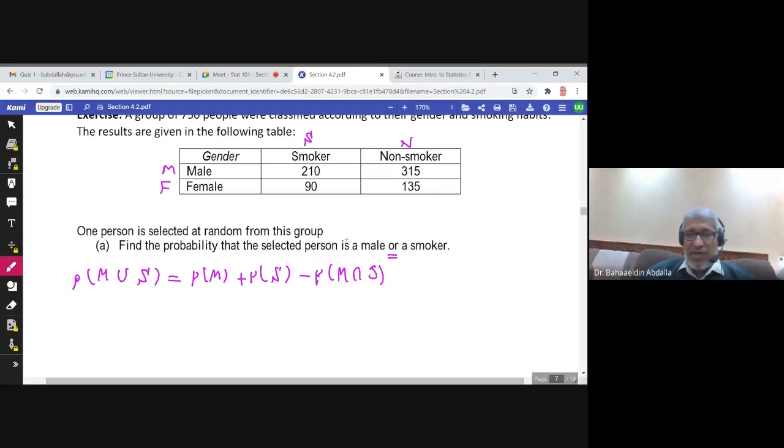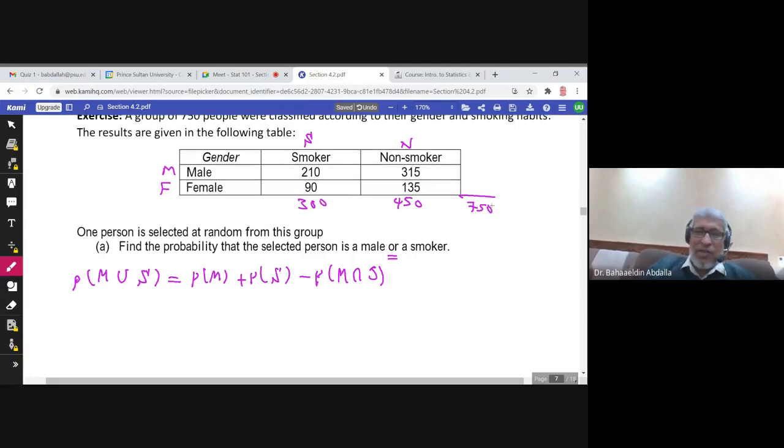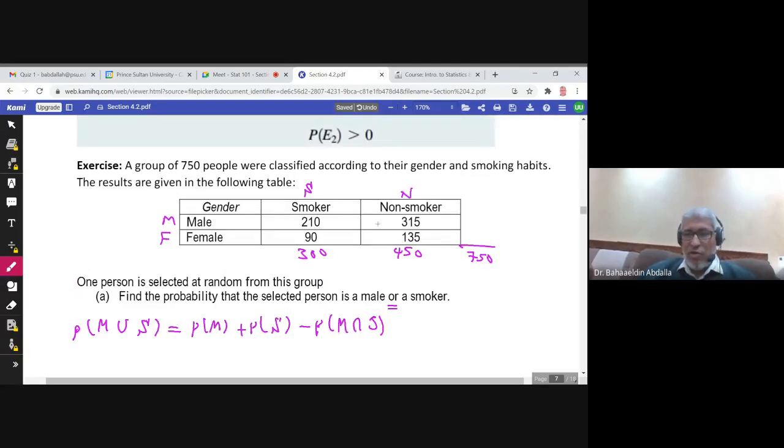To find the probabilities, I need to add the numbers to find the total. So for example, here 210 plus 90 is 300, and this is 450, and the total is 750 as mentioned. Also here, if you add, you have 525, and here I have 225.